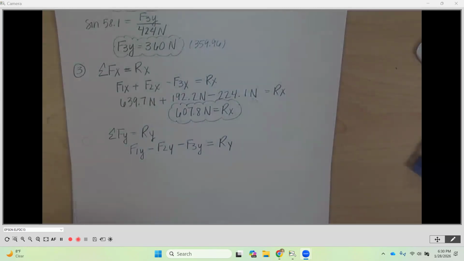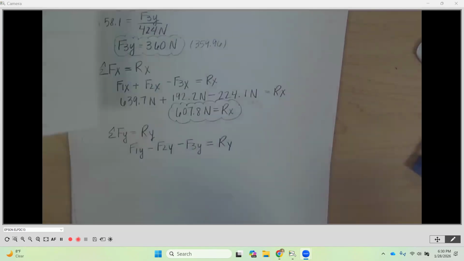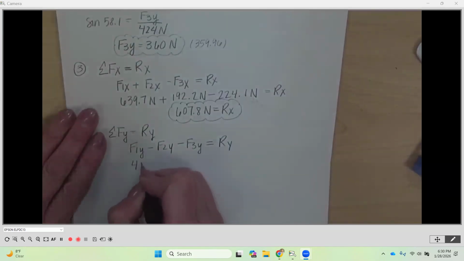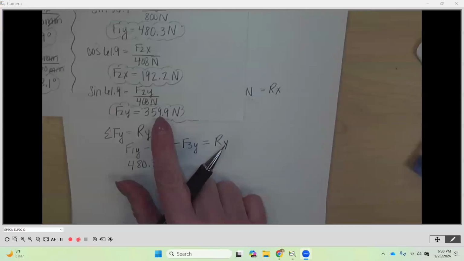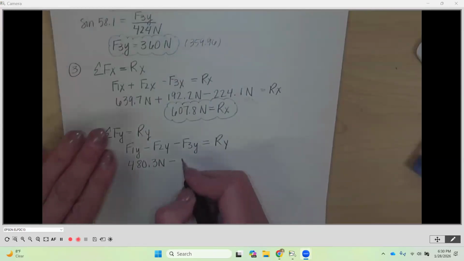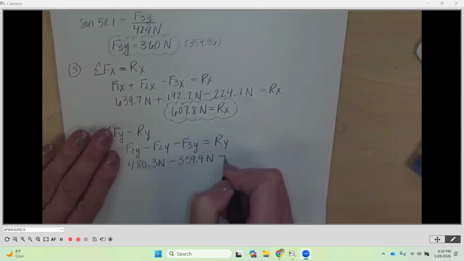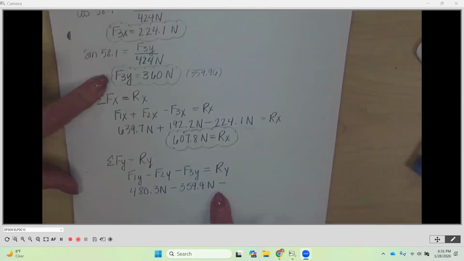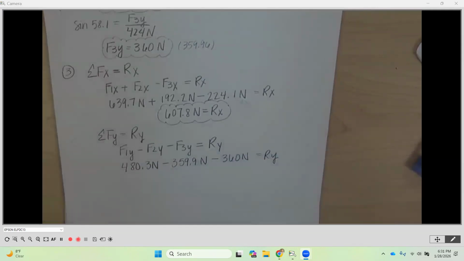Now we're going to put our values in. I've got 480.3 newtons for F1Y, minus F2Y, I have 359.9 newtons, and I've got a minus 360 newtons for my F3Y. It's equal to RY.